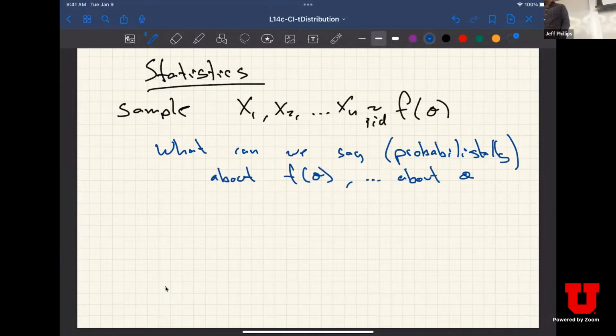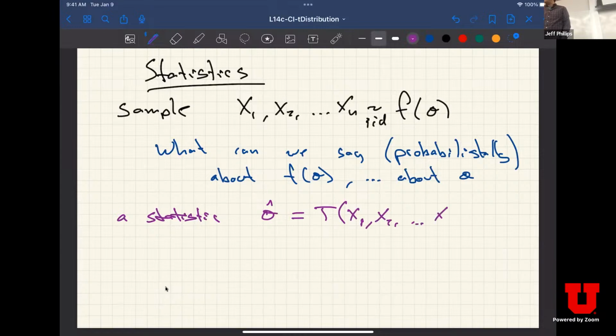Okay, so the first thing we talked about was a statistic, which we'll call theta hat, which will be some function of x1, x2, up to xn.